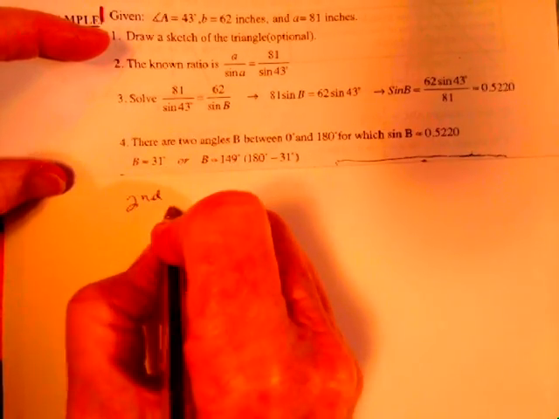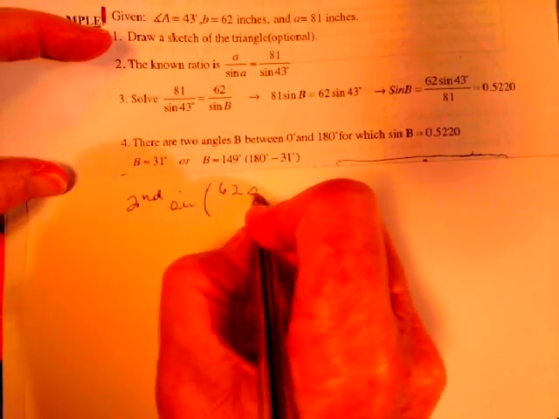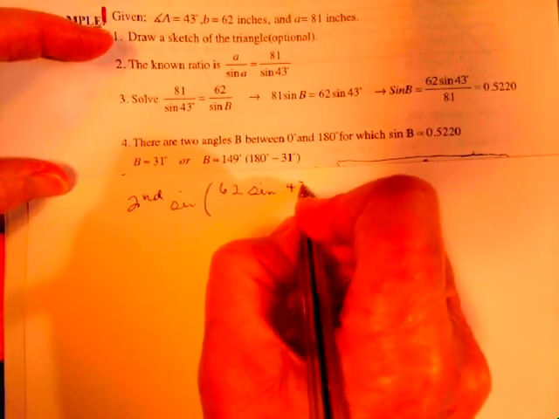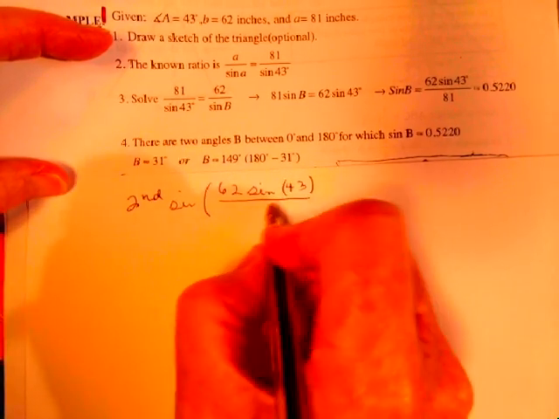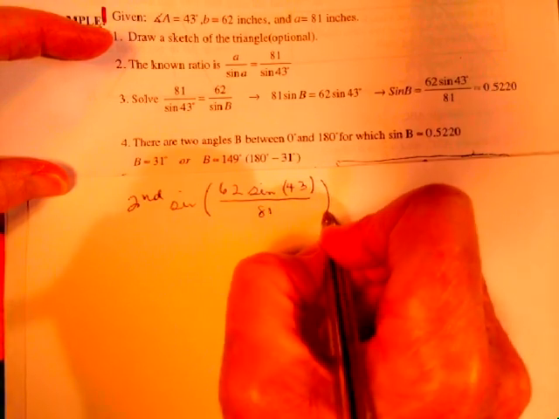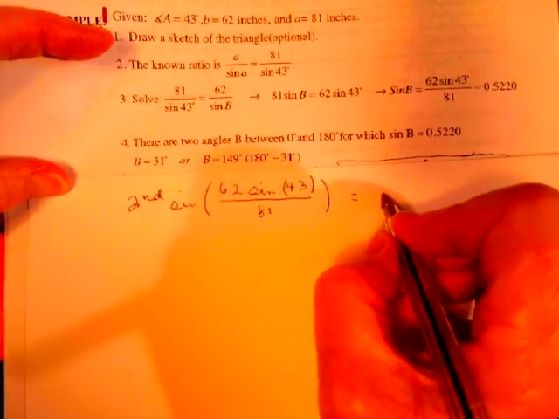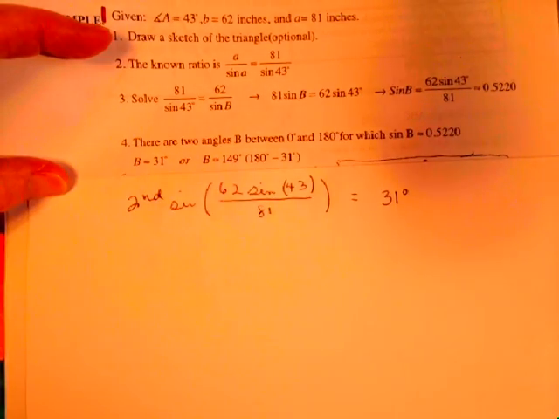Second sine, 62 sine of 43, and you just got to remember to close this and then divide it by 81, and then your calculator is going to pop up with 31 degrees.